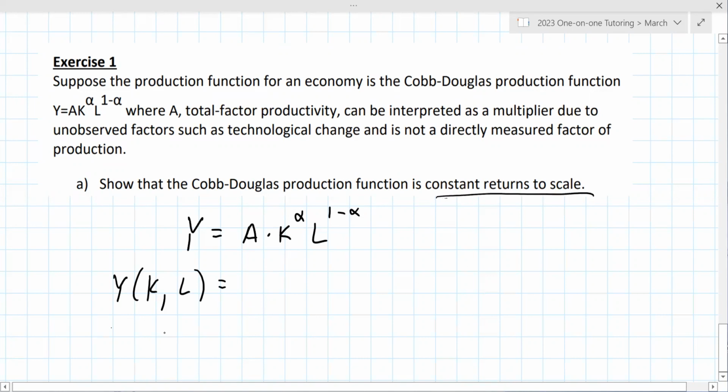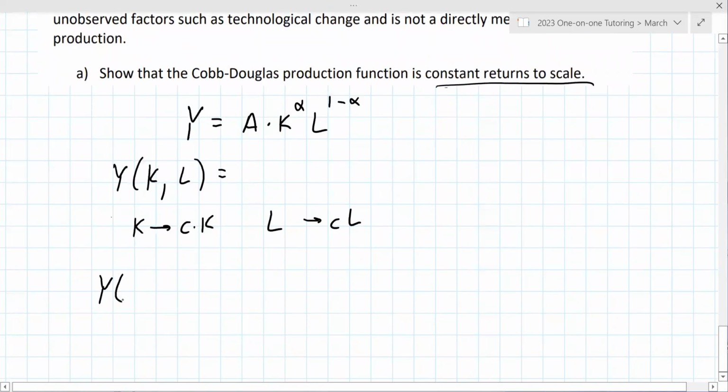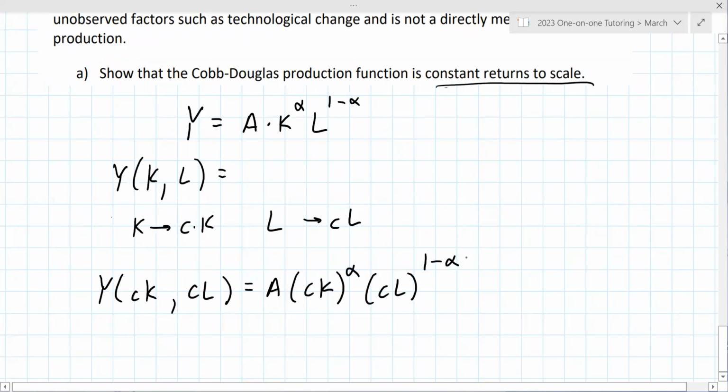So you take K, this K becomes C times K, and L becomes C times L. So what you're really finding now is Y of C times K, comma C times L. It looks really complicated, mostly because there's a lot of letters, no numbers, but you are now just substituting in CK wherever you see a K and CL wherever you see an L. Got it.